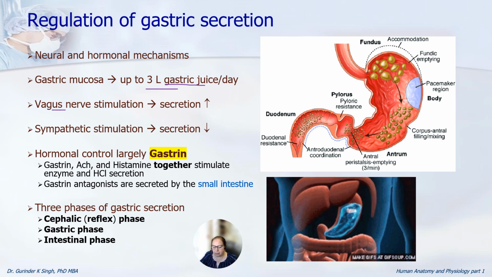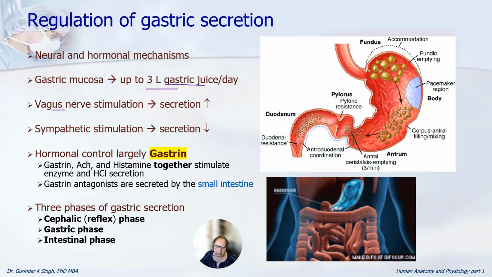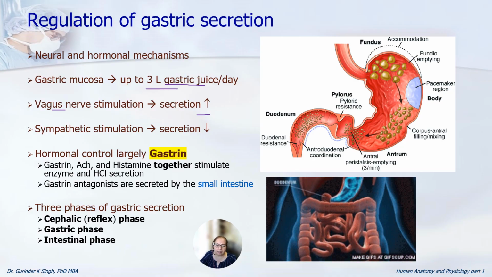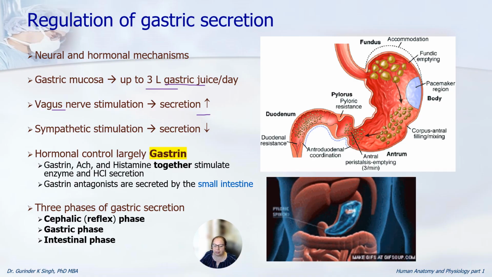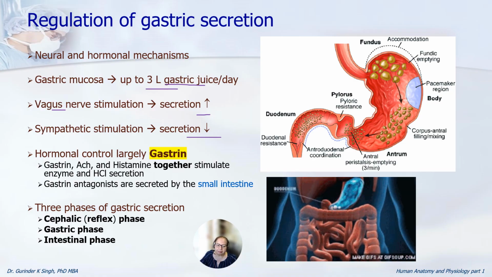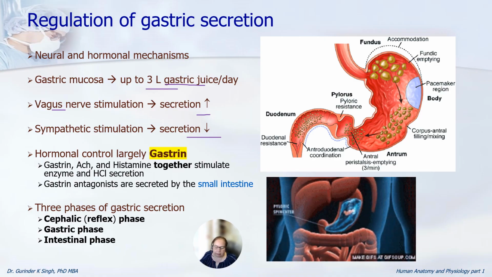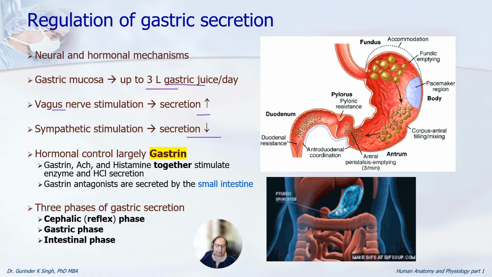The gastric secretion is regulated by the vagus nerve. The vagus nerve, remember, cranial nerve 10, stimulates it and increases secretion, and when the sympathetic nervous system is turned on, the gastric secretion is turned down. The gastric secretion is also regulated by a hormone called gastrin.